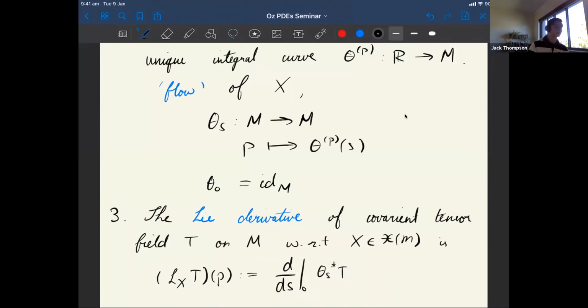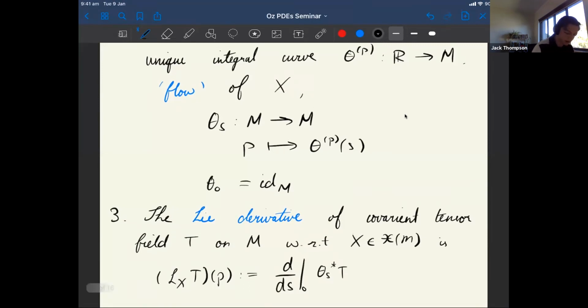But in this sense, we can interpret the Lie derivative as another form of directional derivative. So we're taking the directional derivative of a covariant tensor field in the direction X.